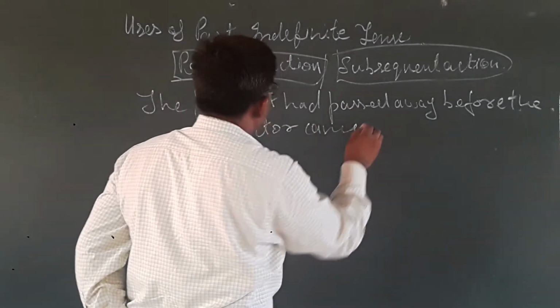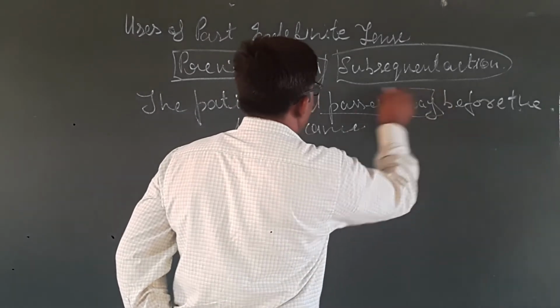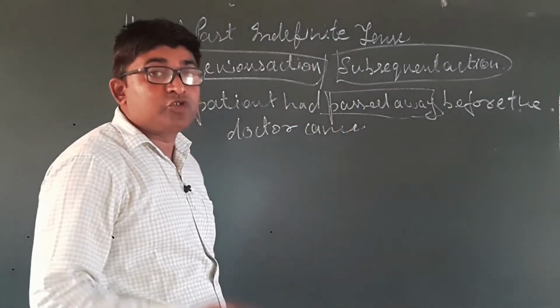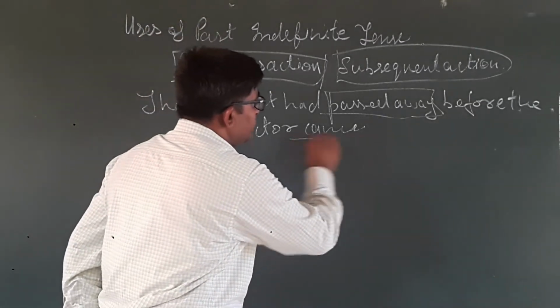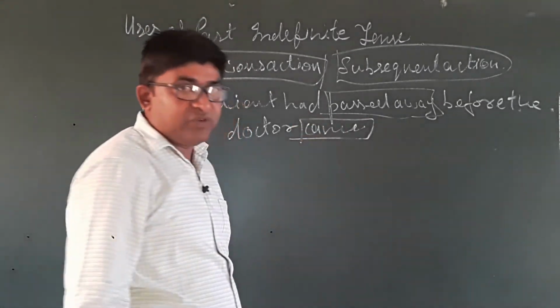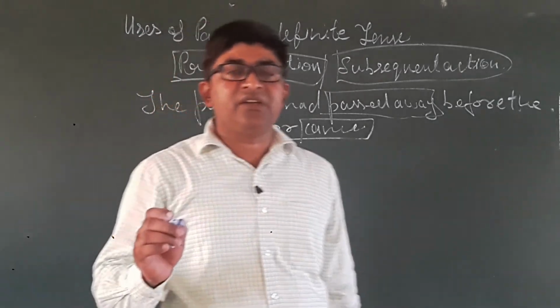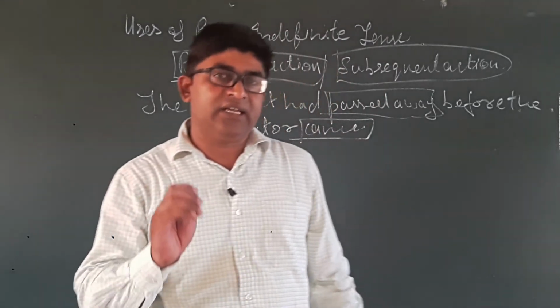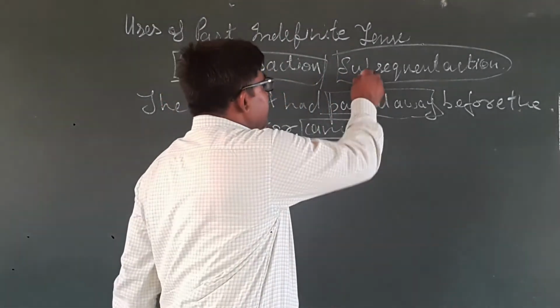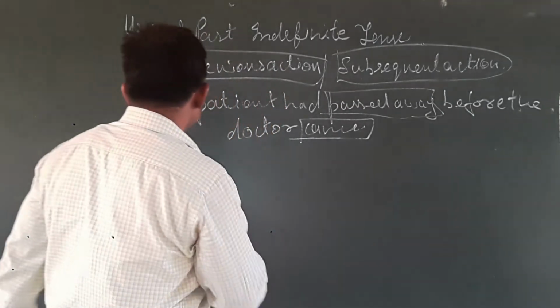Here we see two actions are there. One is the death of the patient, which took place before the arrival of the doctor. Doctor came later. That's why two actions took place in the past. The previous action was the death of the patient, and the later action, the subsequent action, was the arrival of the doctor. So let us take one more example.